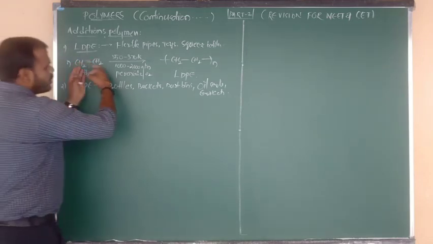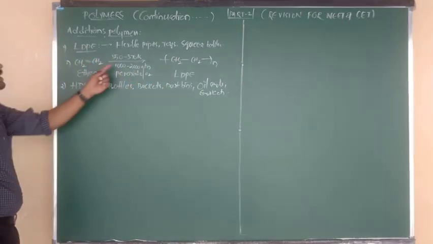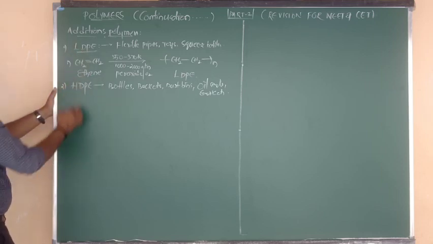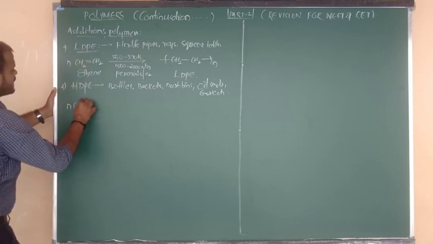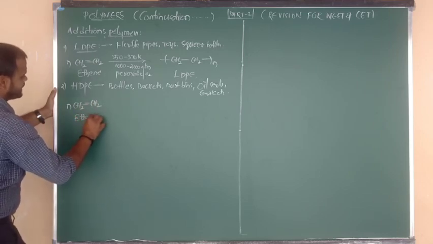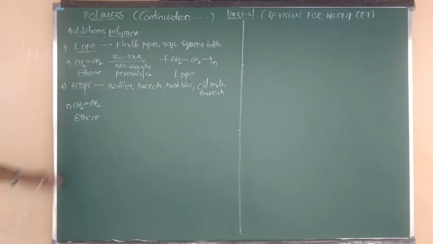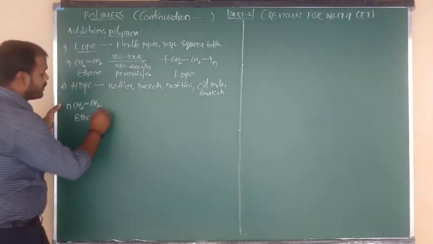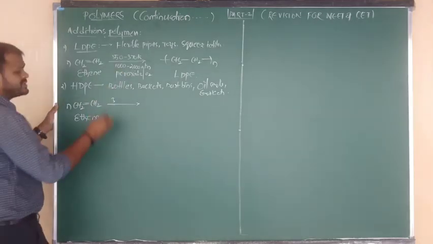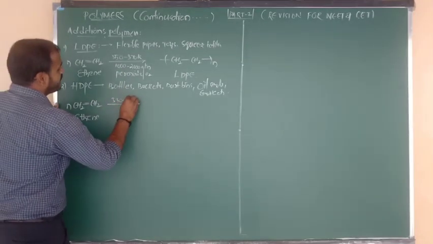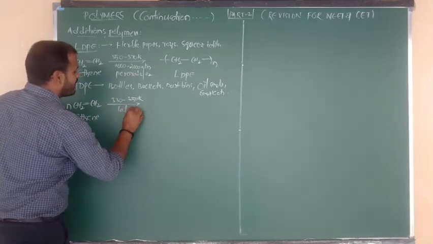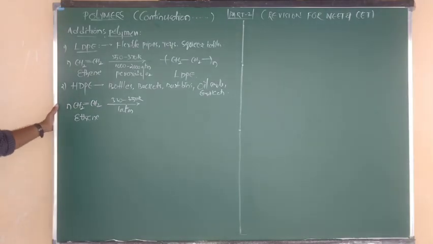Same monomer and polymer, both have the same structure, but here the conditions have to change. Low density polyethylene and high density polyethylene both have the same monomer, ethene, also called ethylene. So n moles of CH2=CH2 undergo addition polymerization at a slightly lower temperature, 330 to 350 Kelvin, and a very low pressure, only 1 atmosphere.